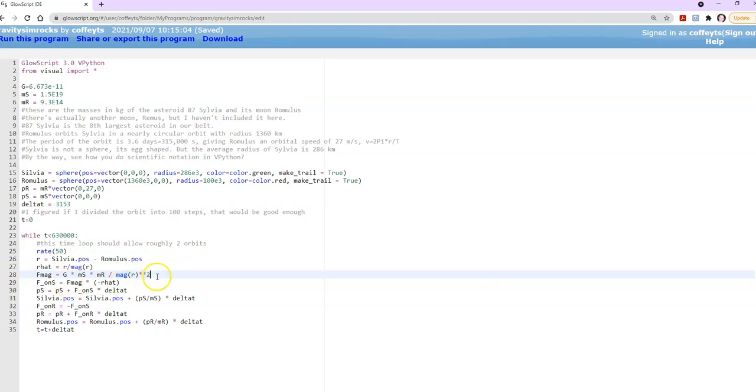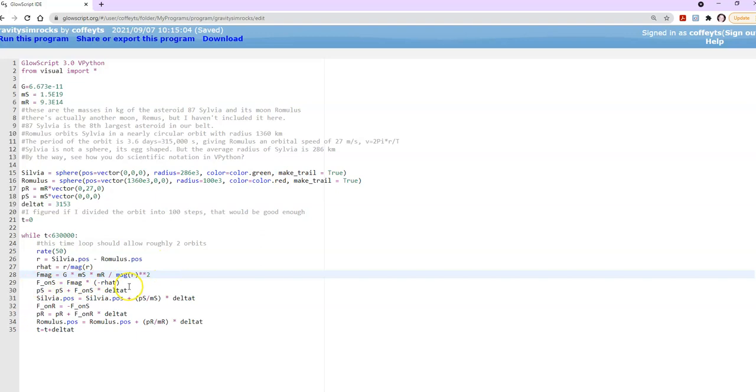Now, once I have that, right, then what I do is I take the magnitude of my force and multiply it times negative R hat, which is the direction of the force. So the force on Sylvia would be F mag times minus R hat. Okay? So that's following those steps, right? That's outlined in how we calculate these things.